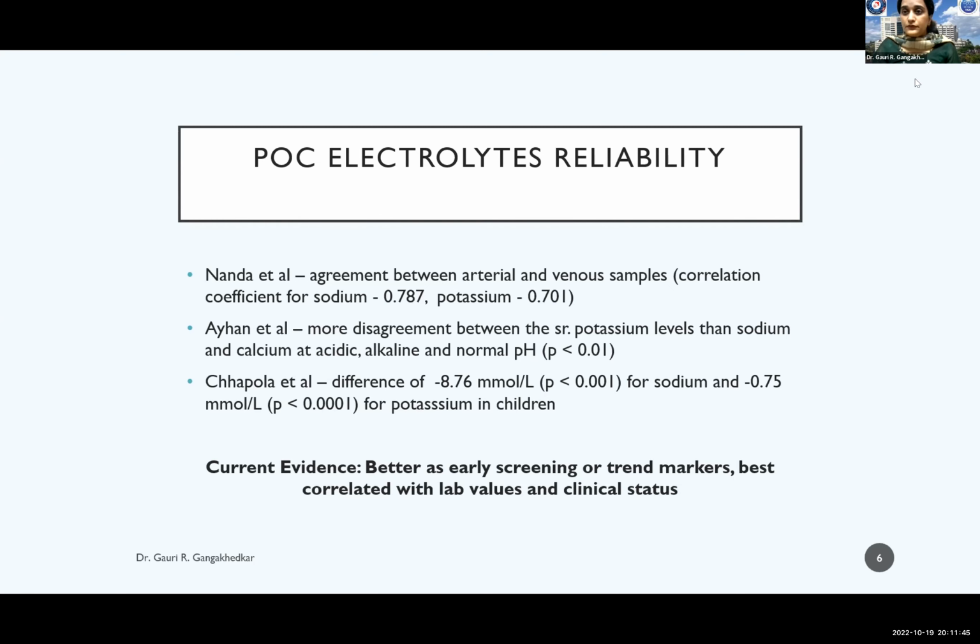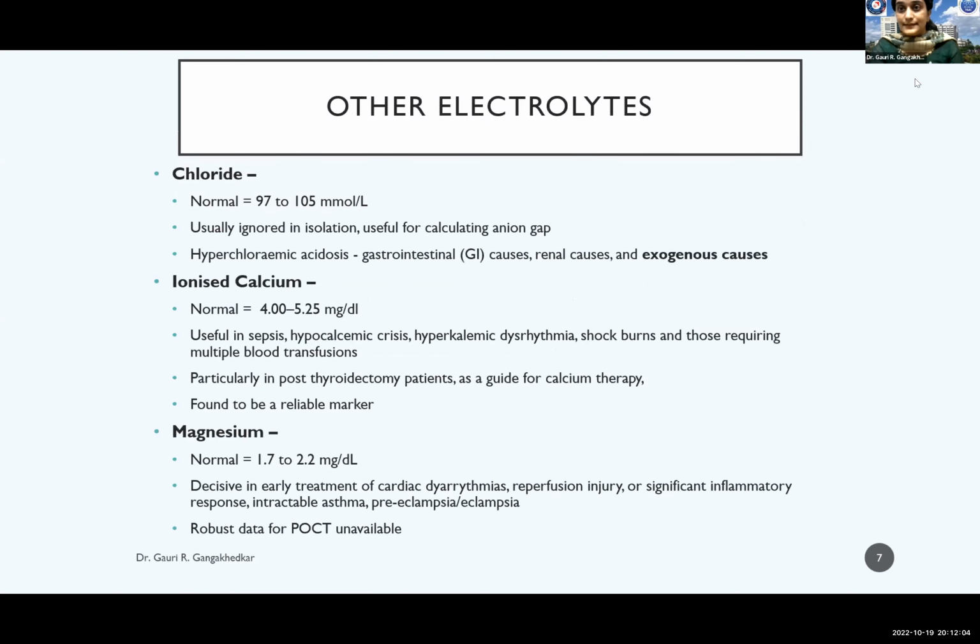So the levels of the electrolytes seem to be lower in ABG or VBG samples as compared to central lab values. So the current evidence suggests that even if we're using electrolyte testing through ABGs or VBGs, they're better used as early screening or trend markers, but they have to be correlated with lab values and clinical status.